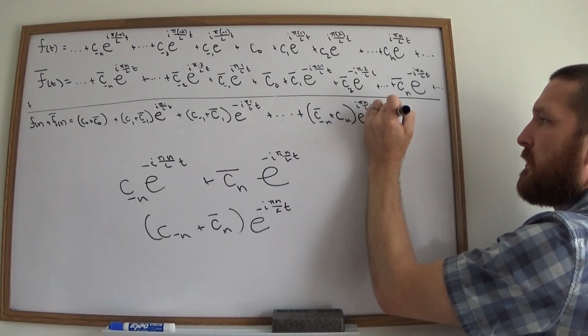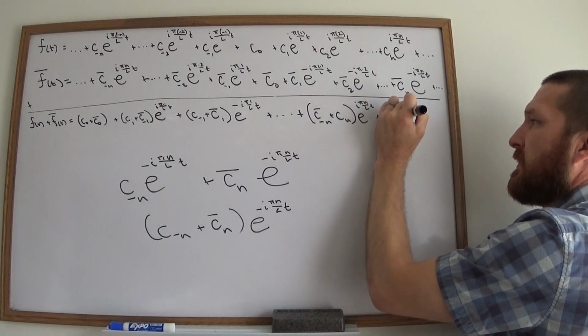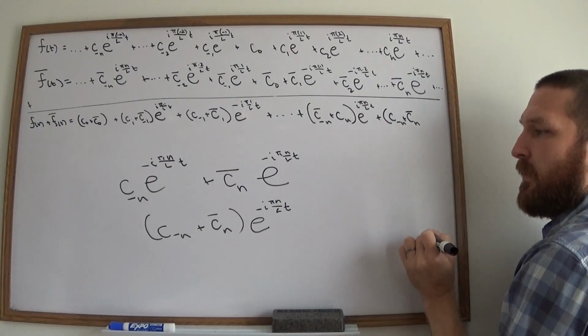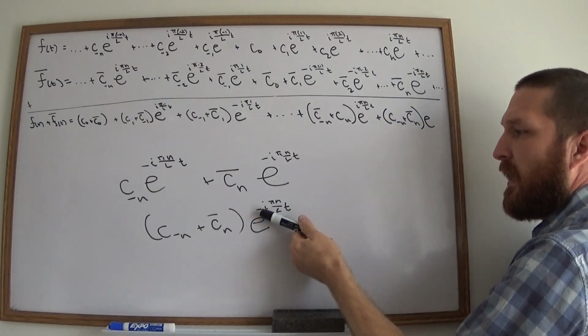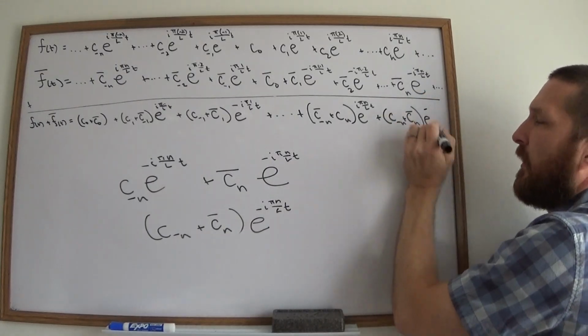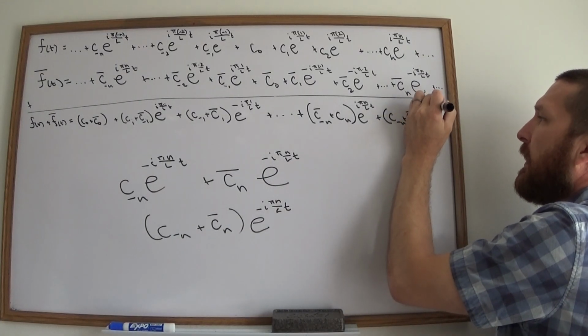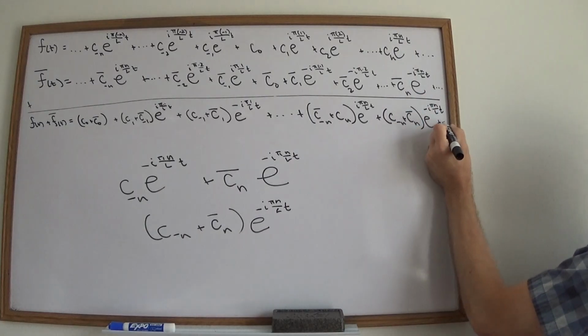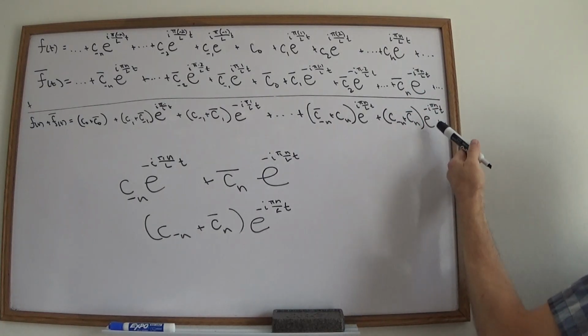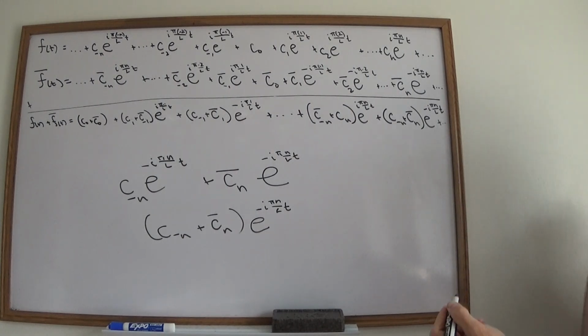So C negative n plus C positive n bar, e to the negative I pi n over LT, and so on. It goes on forever, right?